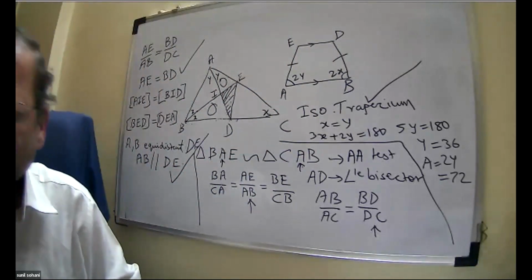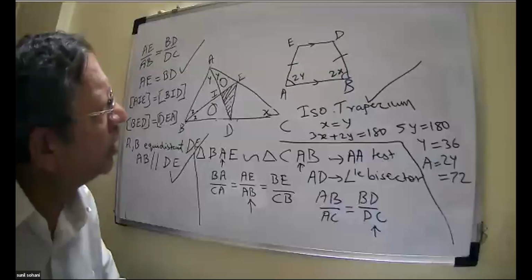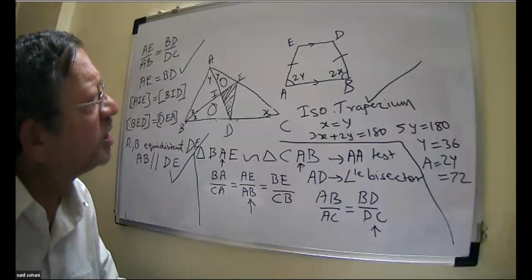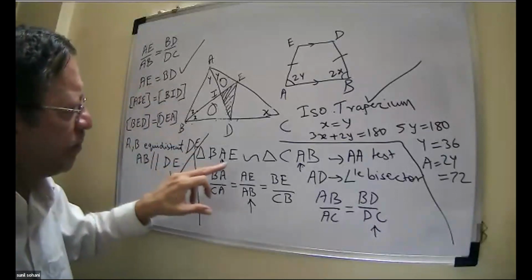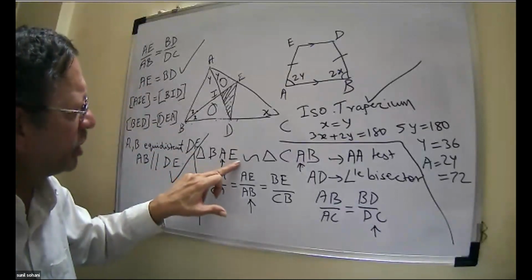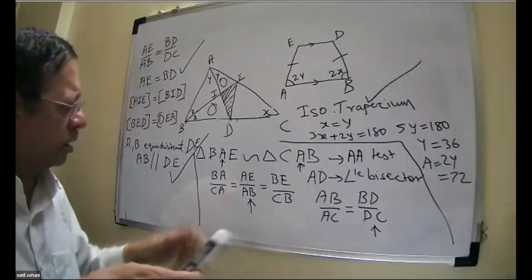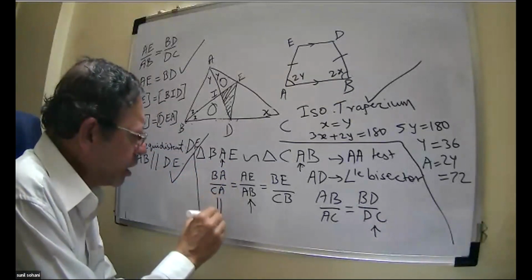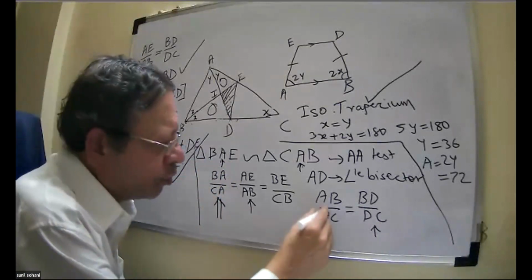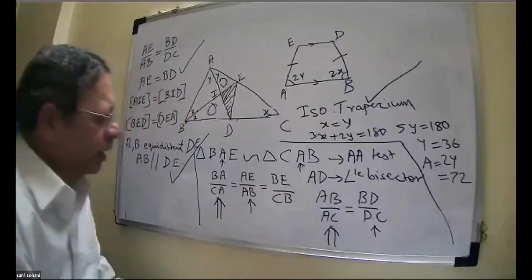Sir, could you explain how AE is equal to BD? Yes, AE is equal to BD. That was here. We use the proportionality theorem of similar triangles, and you can see here, I'll point out again, BA upon CA, double arrow. Here also, AB upon AC, that is the same thing written the opposite way.